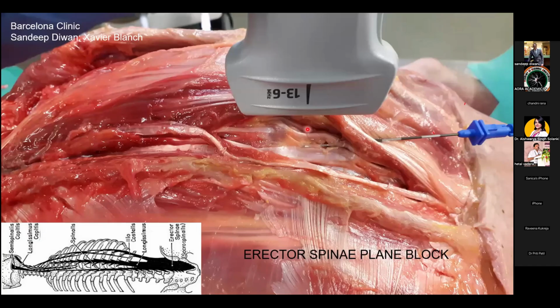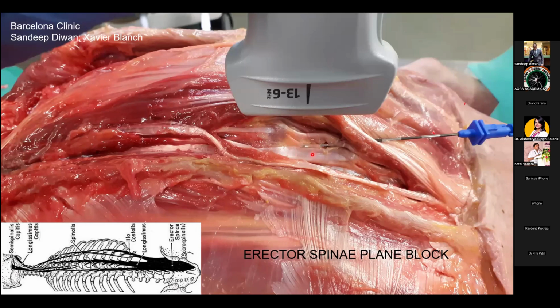Now, what you do is routinely place the probe. This is parasagittal. You can also place it transverse. The needle is either from caudal to cranial or from cranial to caudal, it depends. And you're trying to place your needle beneath what we mention as a sheath.